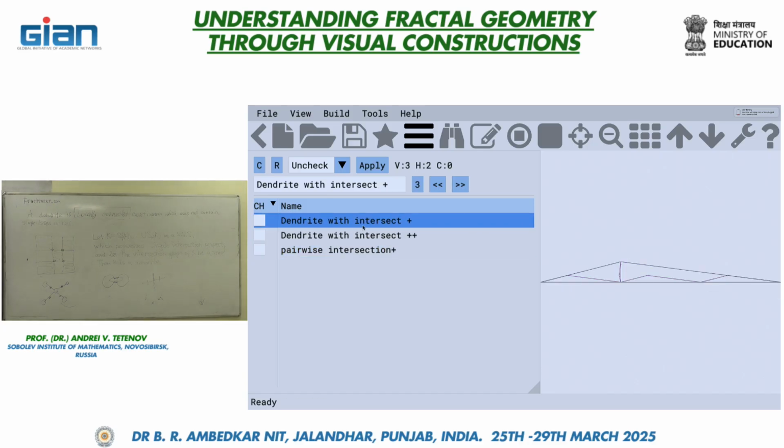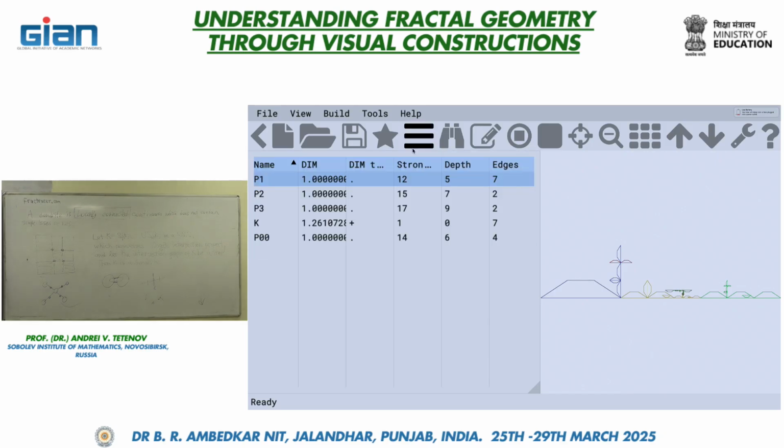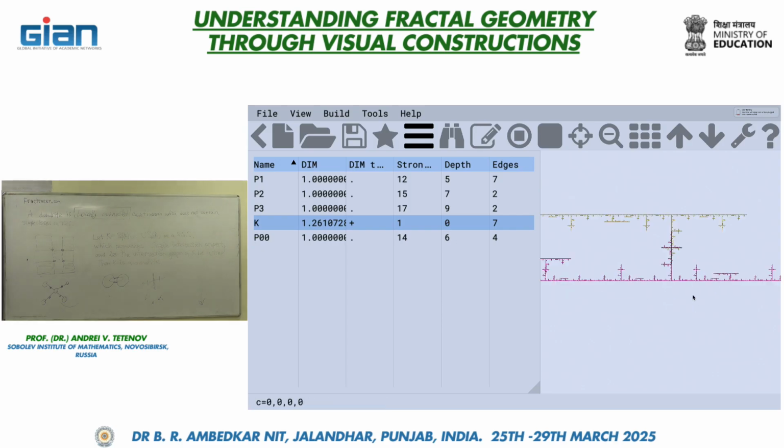I will show you one more very interesting example. Do you see the picture? This is an example of a dendrite, also a dendrite, whose copies intersect in this set.